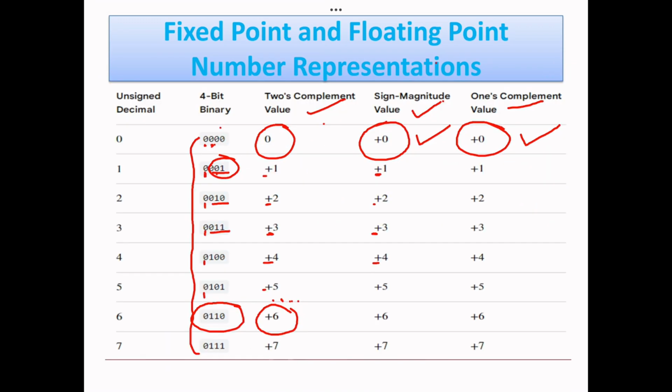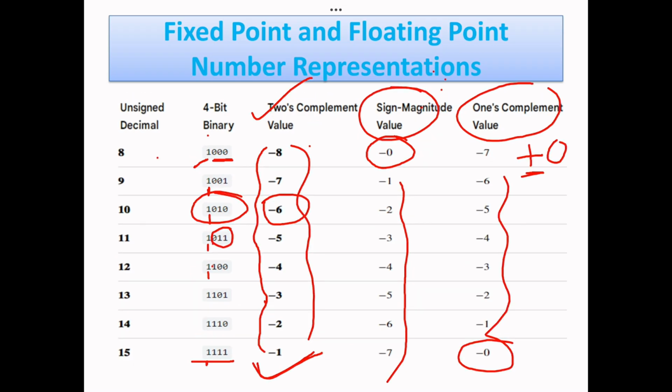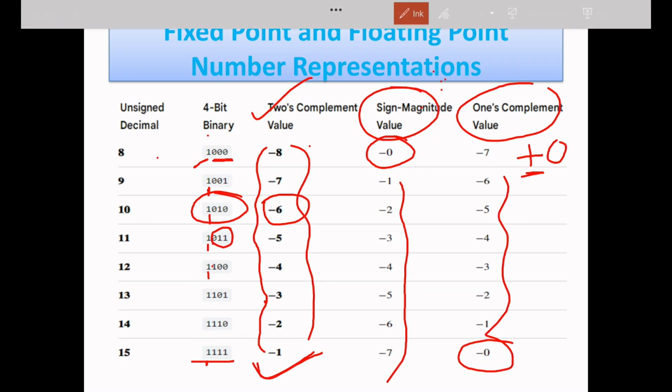Now see here, I am going here. In sign magnitude now you can see from 0 to plus 7, okay, plus 7. I am going next page. Now you can see again in sign magnitude my maximum value is equal to minus 7. So my range is plus 7 to minus 7.